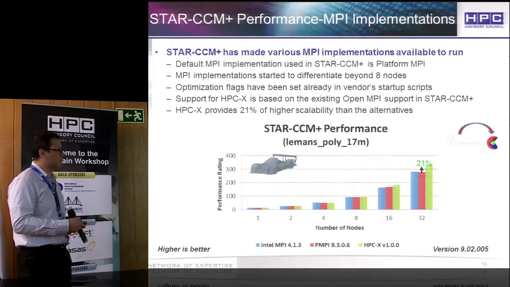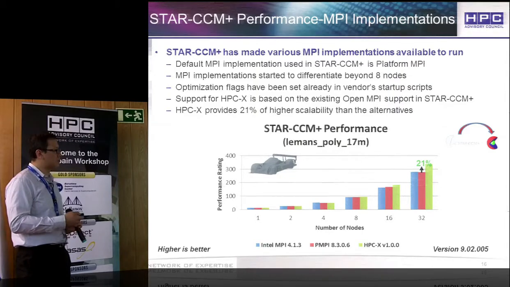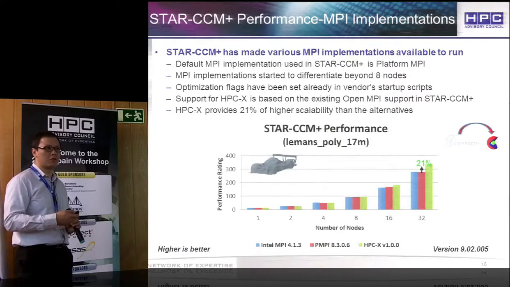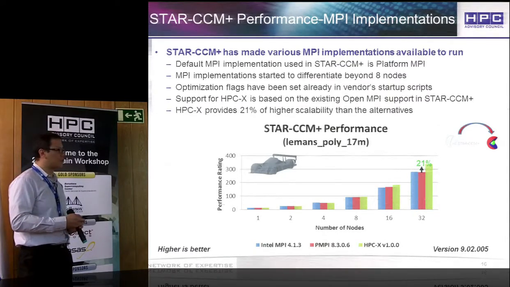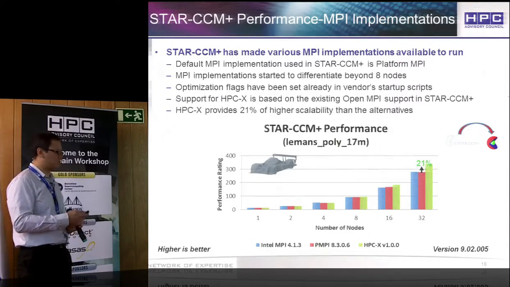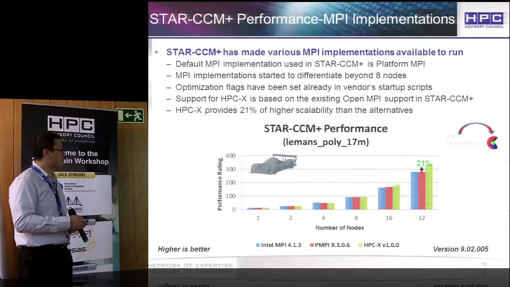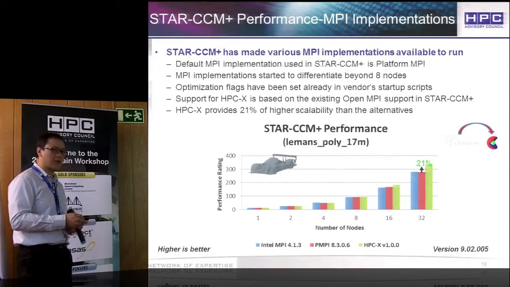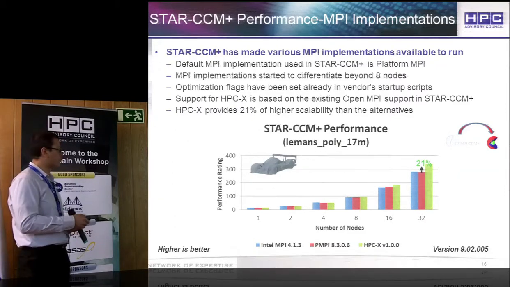This is interesting because it seems to show better performance purely because of the communication library, which has a different way of implementing send and receive and collective operations. HPCX is the MPI implementation from Mellanox. We're able to demonstrate a sizable increase of up to 21% at 32 nodes or 640 CPU cores.